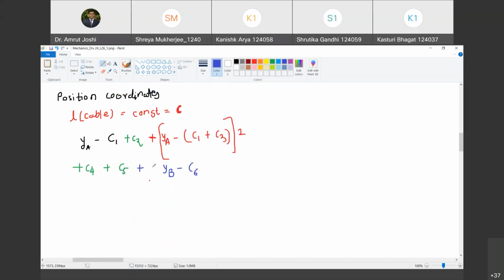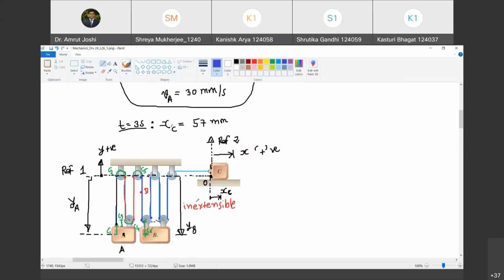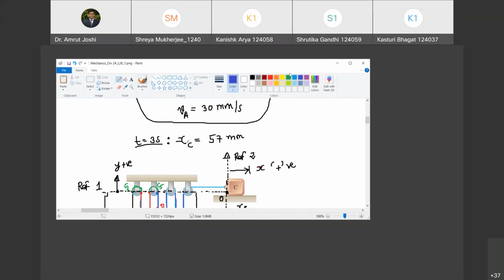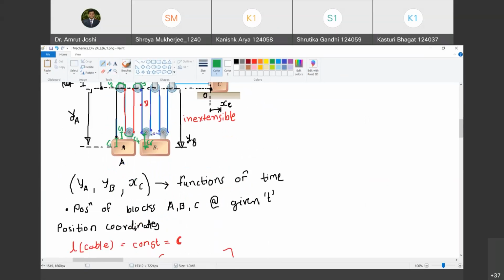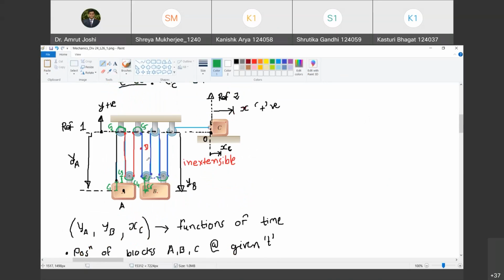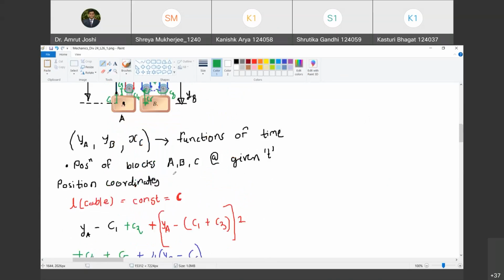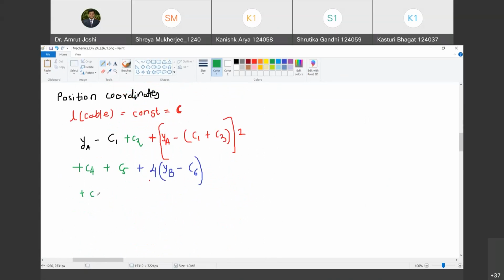So can I call it 4 times YB minus C6? Yes, sir. Okay. What can you say about these lengths? This one and this one. Constants? Yes, sir. So can I name them C7 and C8? Yes, sir. So plus C7 plus C8.